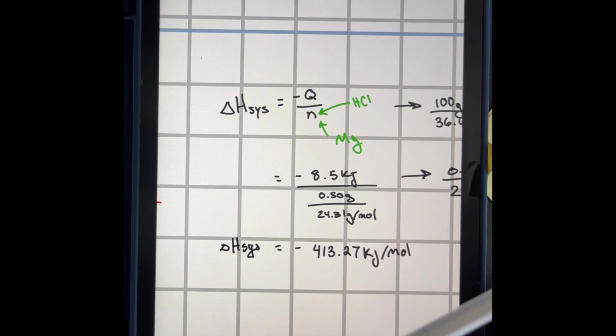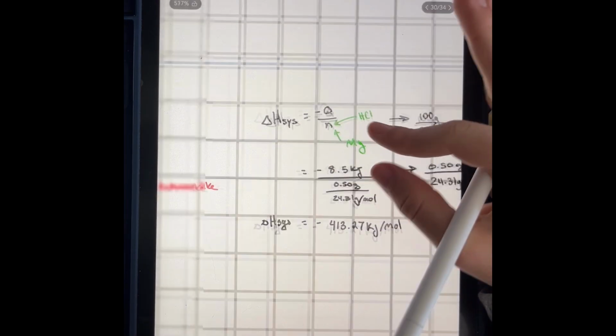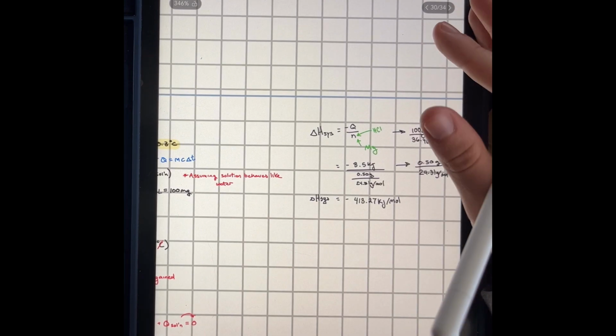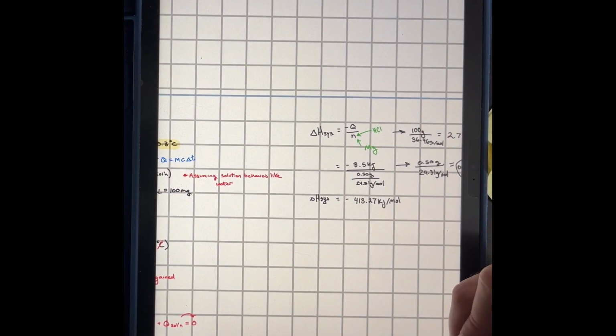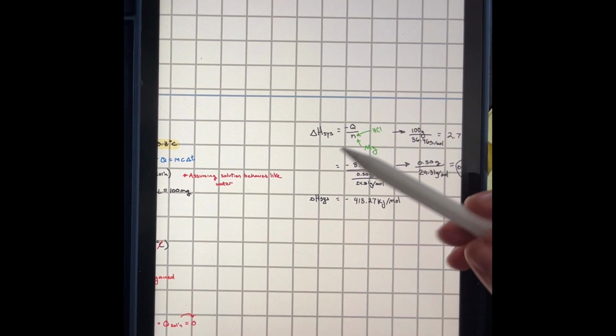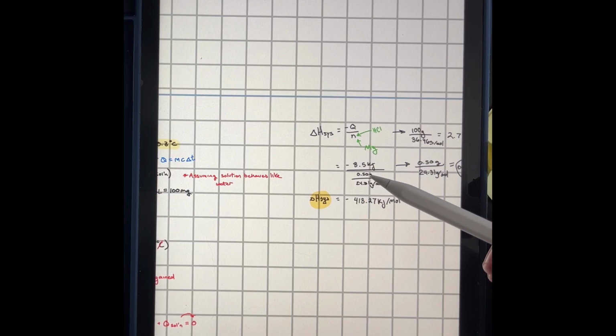Oh, I see. I think we need to multiply it by something. But why am I not understanding? This is kind of annoying to do. So we have the system, and we have this, which we just got from that.